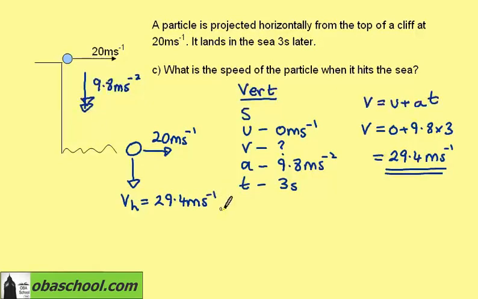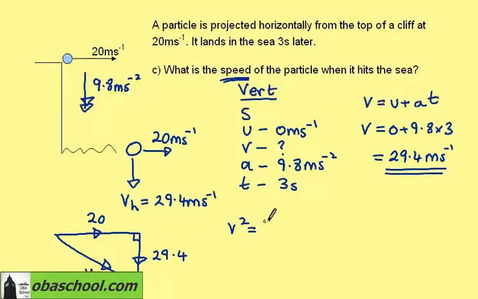We're interested in working out the speed of the particle. We can use Pythagoras' theorem for this. The velocity goes 20 across and 29.4 down. The speed will be the length of the hypotenuse of this right-angled triangle.